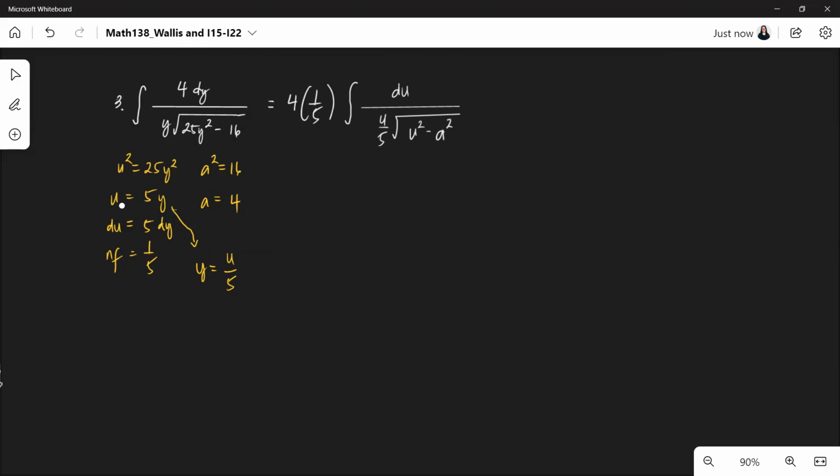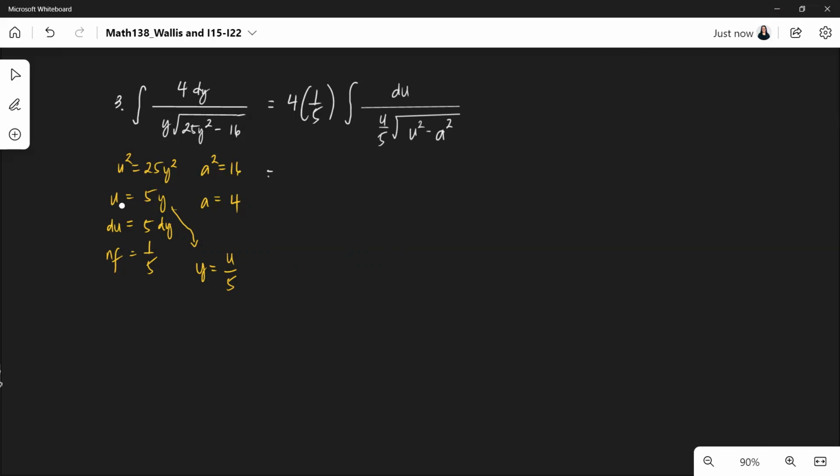Now, just to show that it's in the same format as I-17, this is u over 5, so there's no problem. It's just a constant over 5. So it's 4 times 1/5, divided by 1/5.